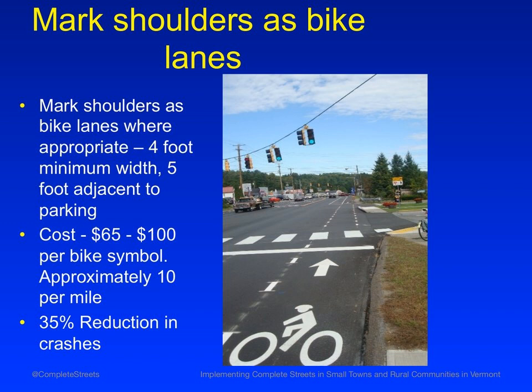It also indicates to people in vehicles to expect bicyclists there. It's a fairly low-cost improvement. I have the cost here at $65 to $100 per set of these bike symbols, and this has a real safety benefit. Overall, it's a 35% reduction in crashes when you put in bike lanes.